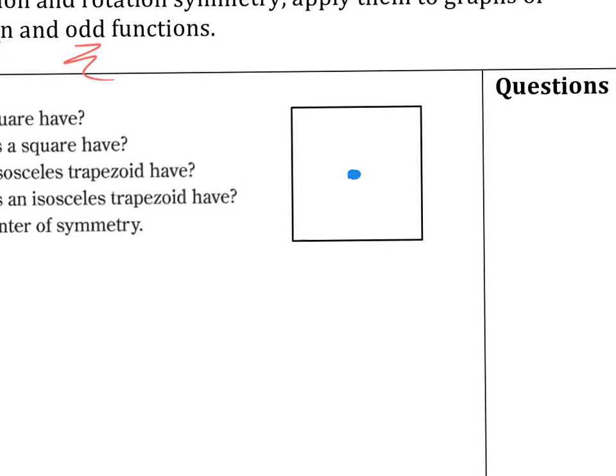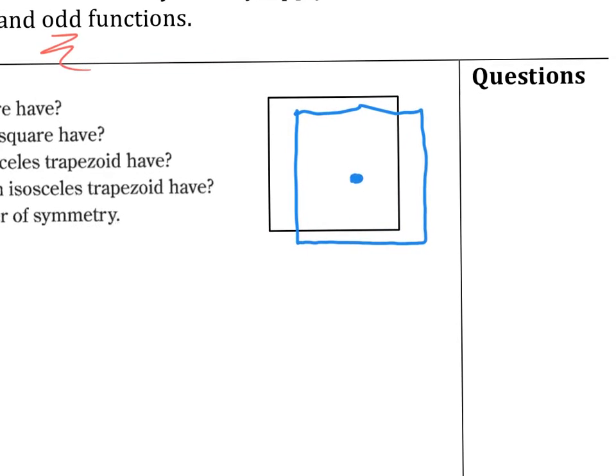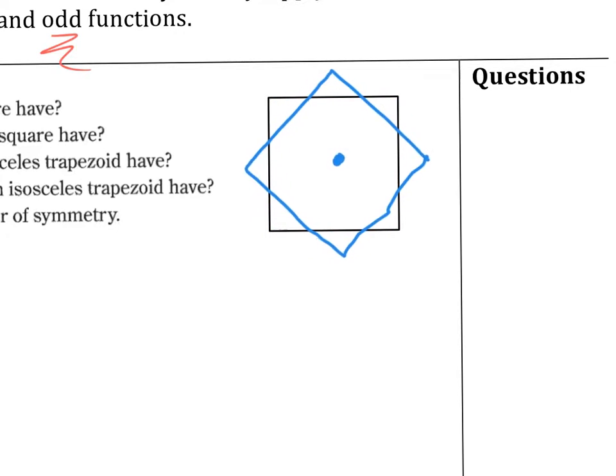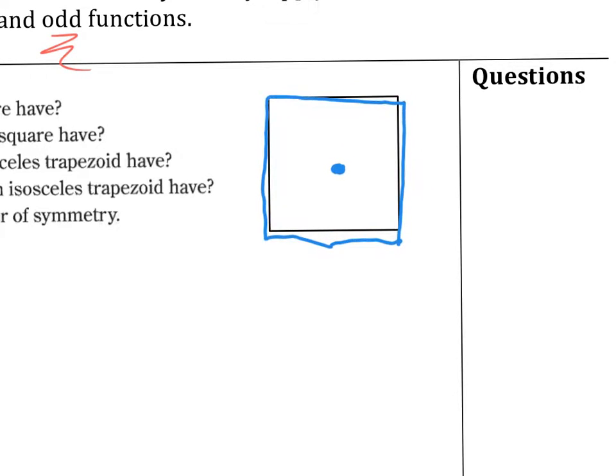And the reason for it is this. When we flip this thing around, so if I were to just rotate that, notice that it maps onto itself. And officially, when we're talking about symmetry rotation, we should rotate 180 degrees.